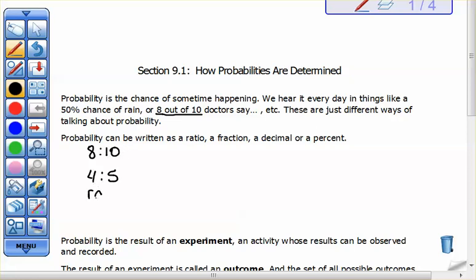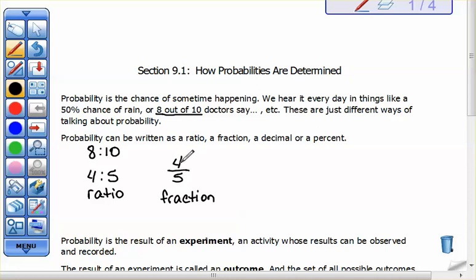So written as a ratio, 8 out of 10 doctors would be the ratio of 4 to 5. If I write that in fractional form, I would write it as 4 out of 5. That's what that fraction means. Now, as a decimal, I would go on my calculator and do this division, because remember, a fraction is nothing more than a division problem.